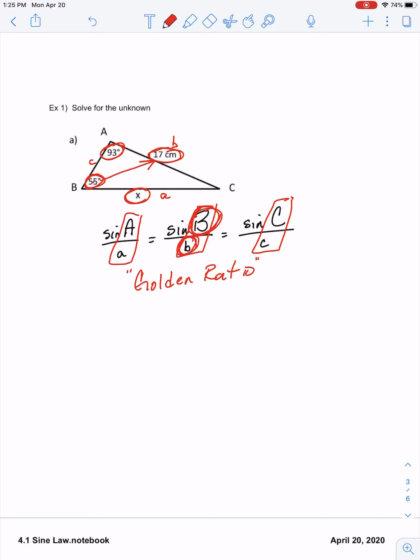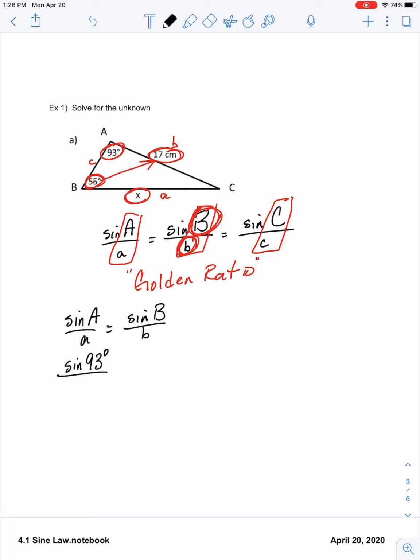So for our solution, we know that the sine of A over A equals the sine of B over B. Angle A is 93 degrees, and now I know this is an obtuse triangle, but it works.